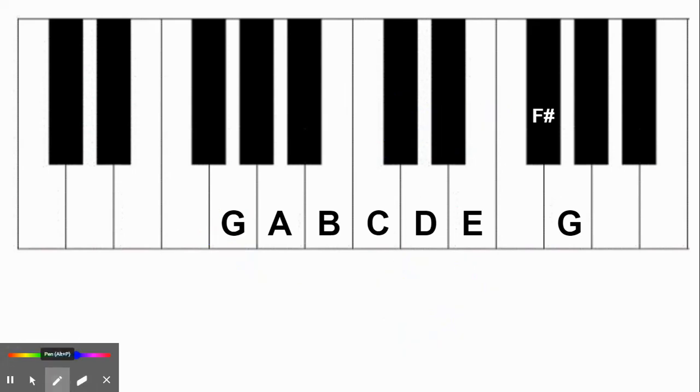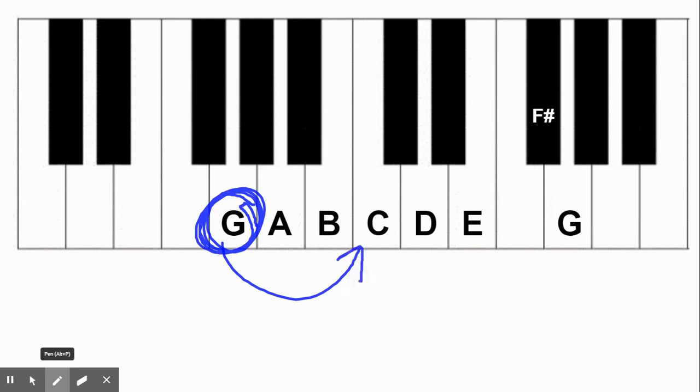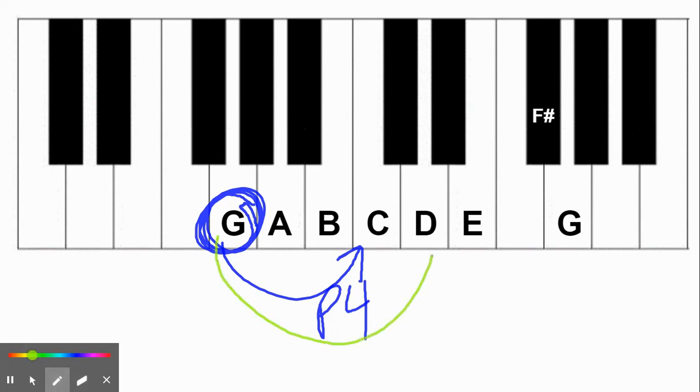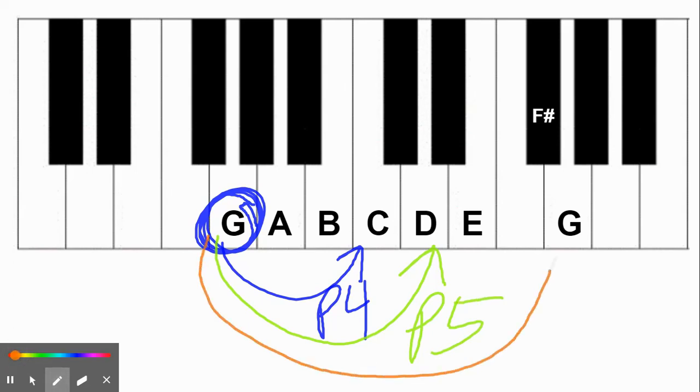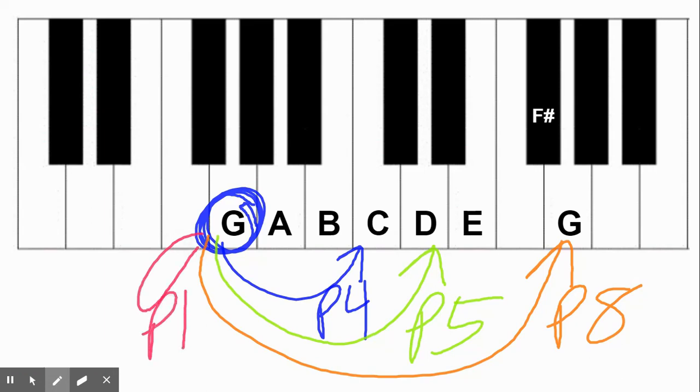Every perfect interval that falls within the scale of the root is a perfect interval. And those are going to be fourths. G to C is a perfect fourth. G to D is a perfect fifth. G to G is a perfect octave. And G back to itself is a perfect unison.